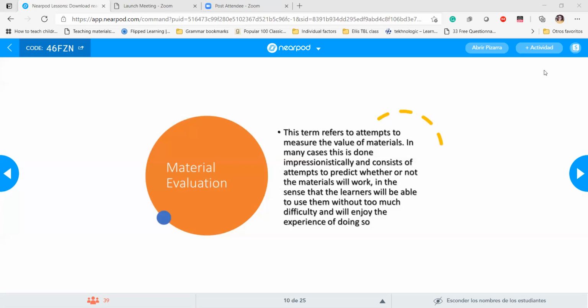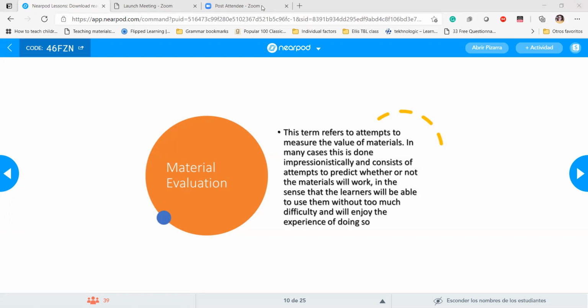And that's why it says, in many cases, material evaluation is done impressionistically. So what does this mean? That we just go by the impression. Oh, look, it's very colored and has a lot of pictures and wow, it brings this and brings the other. But what happens when you just work on the impressions? Then sometimes you may have problems, right?